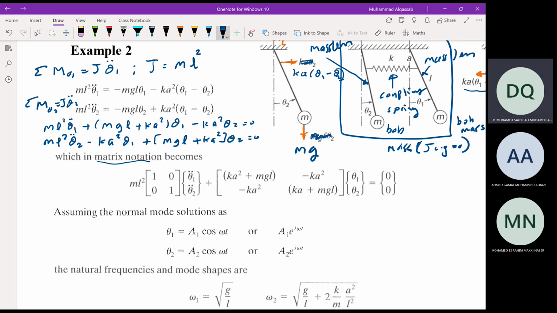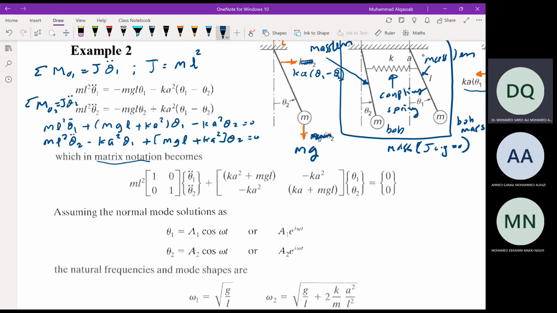Now you can put this in matrix form. The first equation has 0 theta 2 double dot, so this is why there is 0 here. And the second equation has theta 1 double dot as 0, this is why there is 0 here. So this becomes a diagonal matrix, and the two terms on the diagonal are also equal. So ml squared is taken as common, multiplied by the identity matrix.